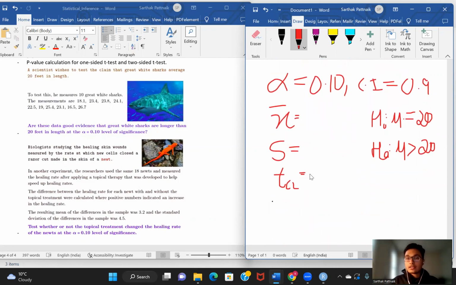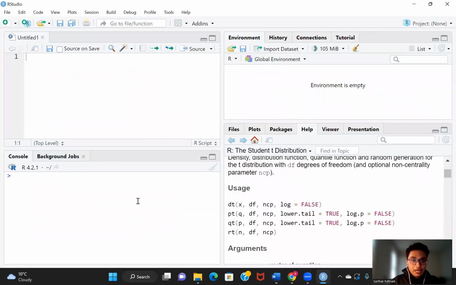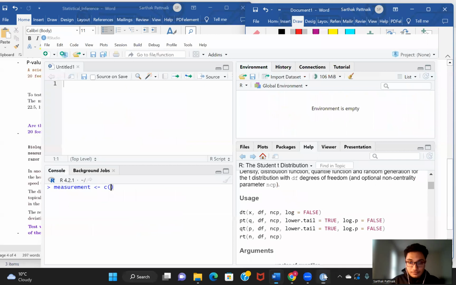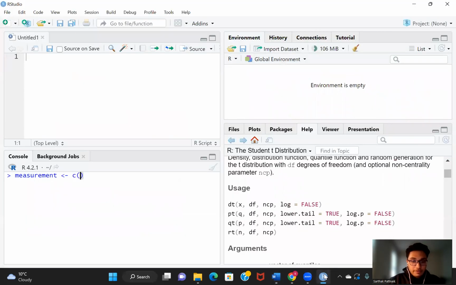So now let us go ahead and start our calculation. You don't need to do it manually. You can just do it in R. I will take the measurements and put these values in a vector.